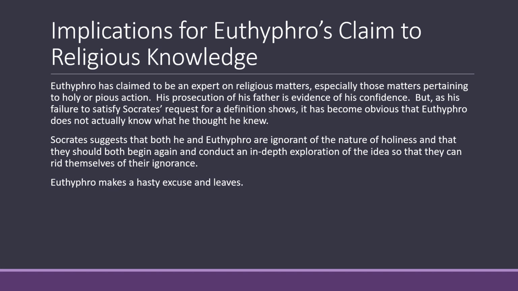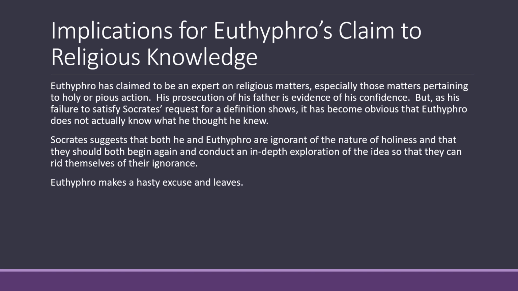Euthyphro's prosecution of his father hinged completely on his claim to expertise in religious matters. He can righteously prosecute his father for doing an unholy or impious action because Euthyphro knows what holiness or piety are, and therefore he can know that he's doing the right thing.